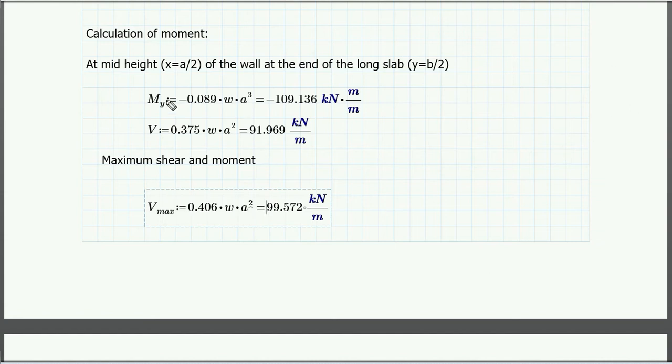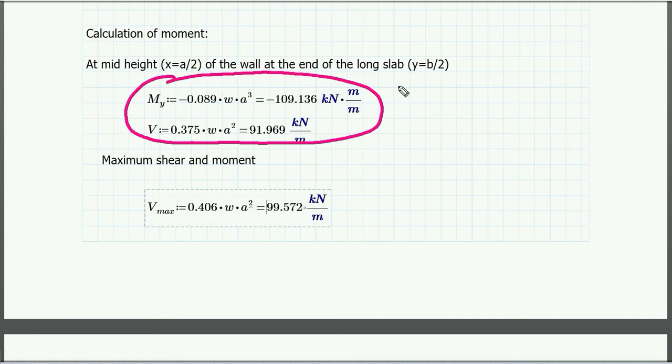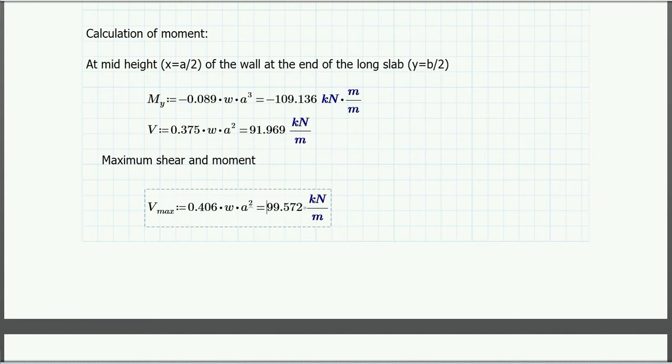And this will generally govern the thickness of the long walls, because as I have already told you, the moment as well as the shear force is critical at the midpoint and at the end of the wall. That is why this moment and shear force will be the governing criteria for designing the long walls.